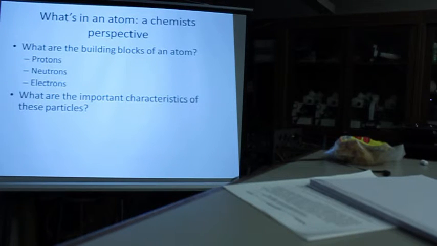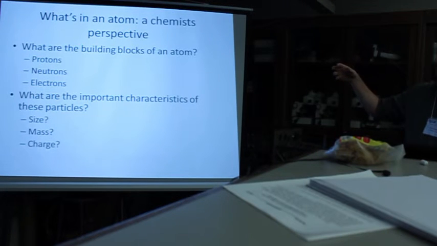So electrons are essentially weightless when you compare them to protons and neutrons. And it's a very important distinction for the reason why these different particles behave differently. And size is another part of that as well. But I think two important ones that you picked up on are mass and charge. So the electrostatic force is going to be an important part of how these electrons arrange around the other particles.